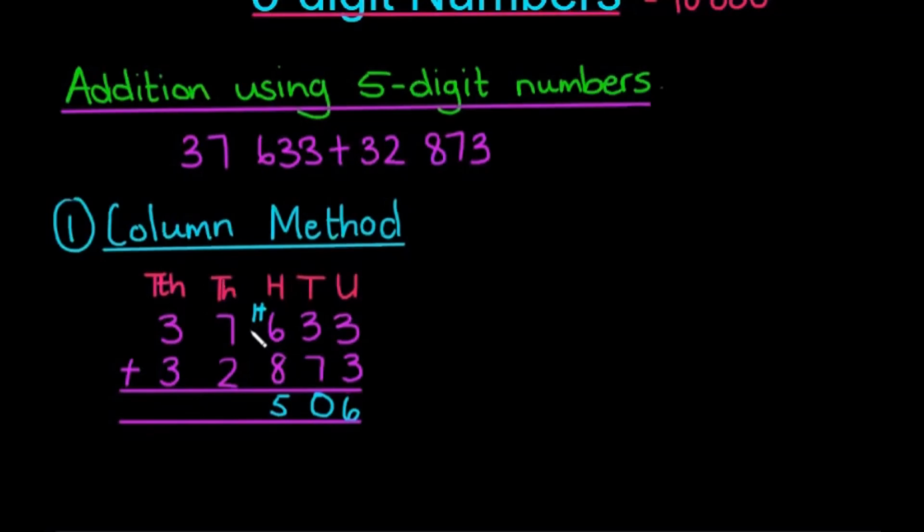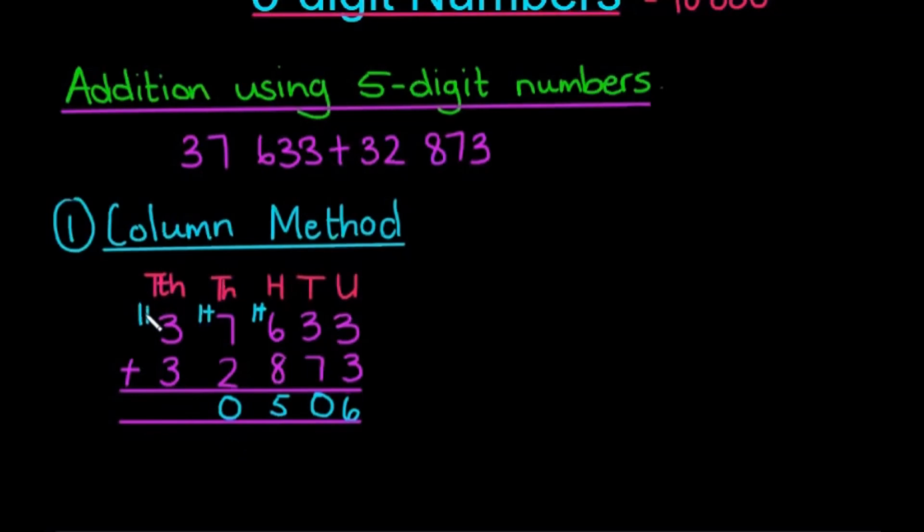And whatever belongs in the next column, I need to add on. So now I'm dealing with my thousands. I have 7,000 plus 2,000 plus 1,000, which gives me 10,000, which means that there are no thousands, which will give me an answer of 0. And there is a 10,000.